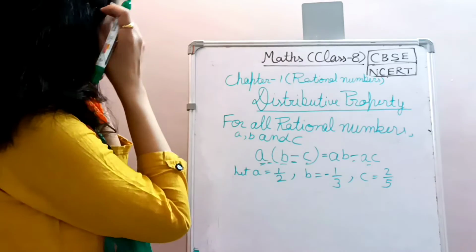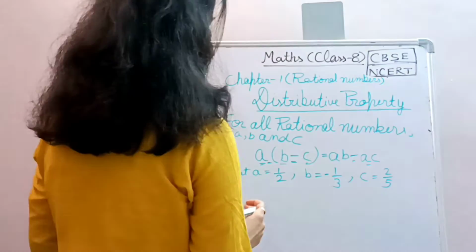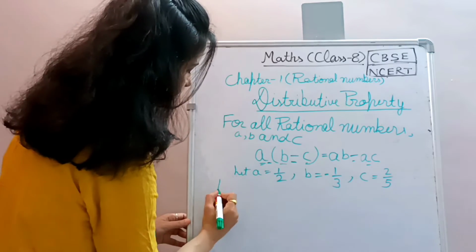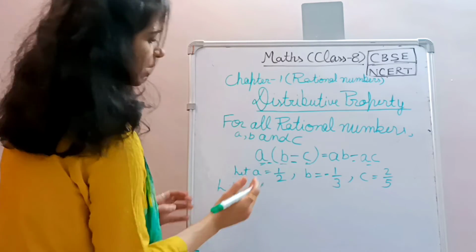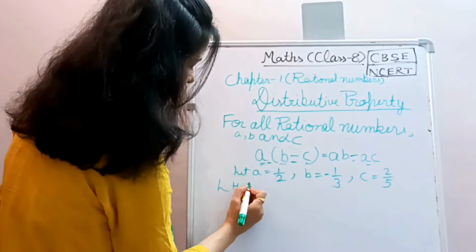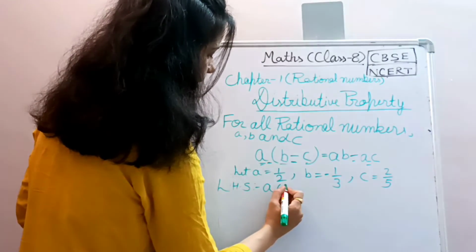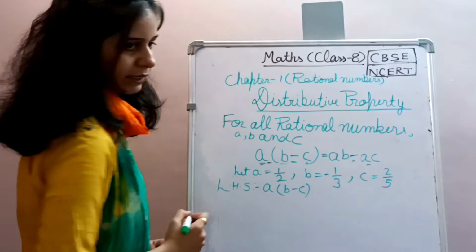Now just put the value of A, B and C in the left hand side. Firstly we will take left hand side to verify this property. Left hand side: A multiplied by B minus C within bracket.